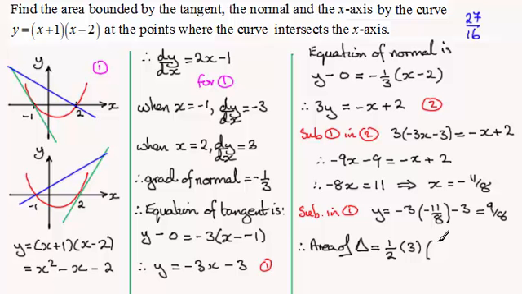So just put that as 9 over 8. And what do we have? We have 1 times 3 times 9, which is 27, and we have 2 times 8, which is 16. And not forgetting the units here, I'm going to write square units because it's an area.